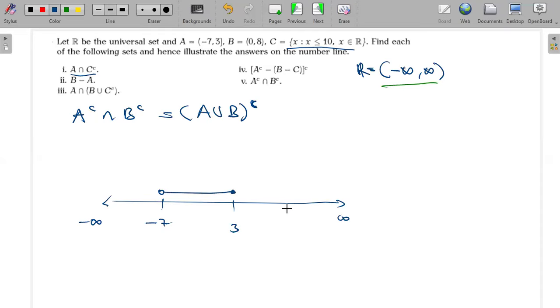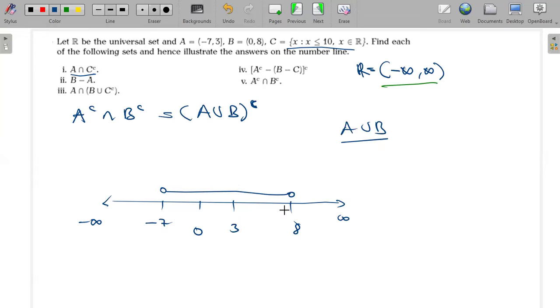That's my A. Then my B is 0 there, open, and 8 there. So we union the two. A union B is going to be open at both ends, from the first point open to the last point open, because I've brought them all together.